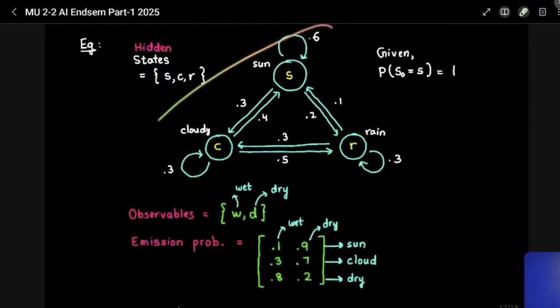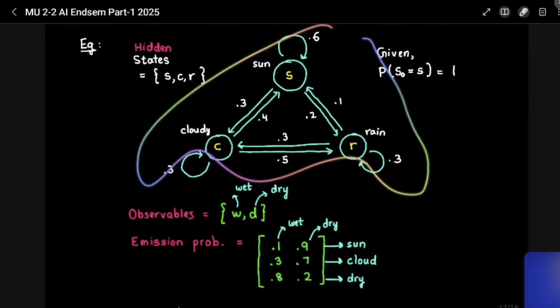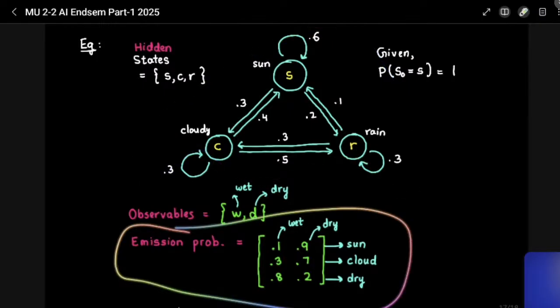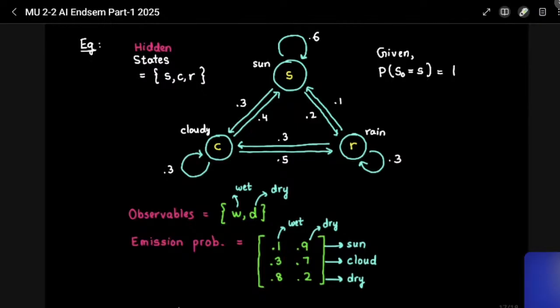The transition probability is already here, there's nothing new for that. But you have something new here, the emission probabilities. In pink, I've marked the new aspects. These things make HMM different from Markov models.